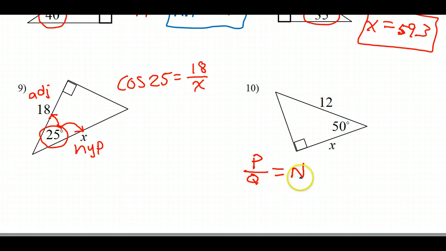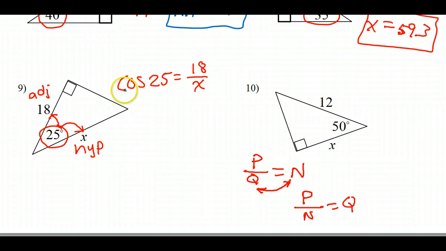Anytime you have a fraction equal to a single number, you can always take the denominator and the number that's by itself and swap them. So we would get p over n is equal to q.